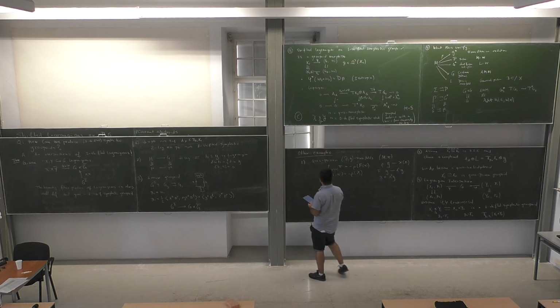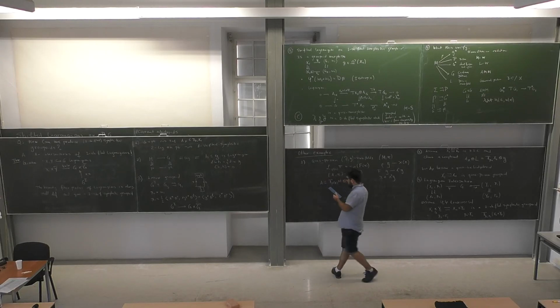So it happens that this defines a Dirac structure inside of T rho chi of M plus partial.